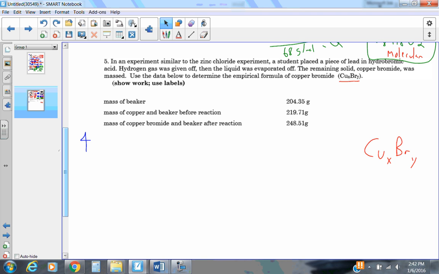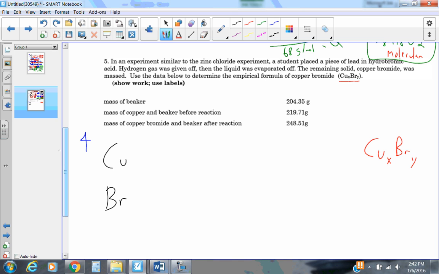So in other words, I have to figure out how much Cu, which is copper, and how much bromine. Well, they tell us, nope, they don't tell us anything. They do tell us that if we have copper in a beaker, it weighs this much. But the beaker alone weighs that much. Subtracting, you'll get 15.36 grams of copper.